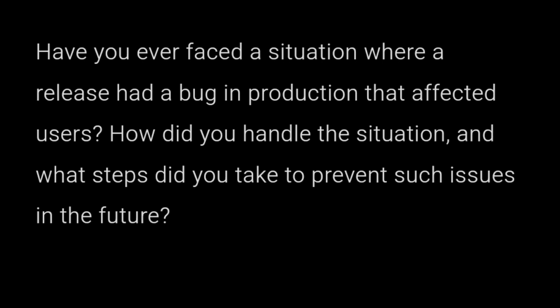Yes, I have faced this particular situation. We need to take some steps. The first one is we need to roll back the deployment by using kubectl rollout undo, which will roll back the deployment in Kubernetes, and we can analyze the logs and fix the issue. That is one key thing.